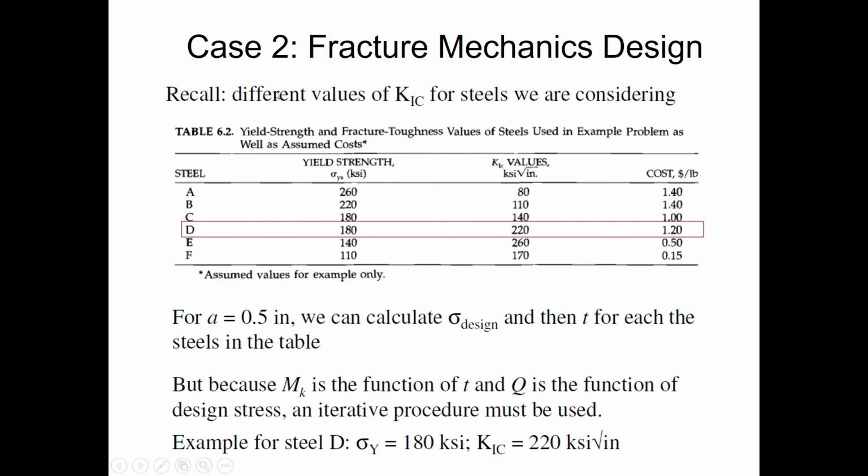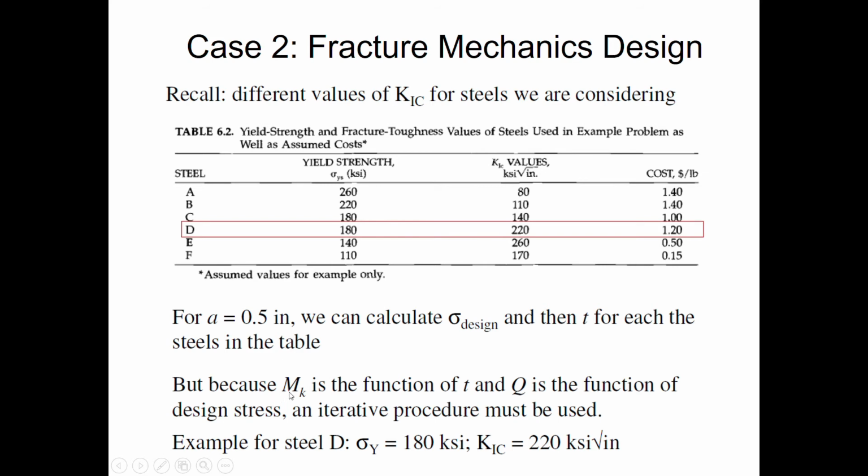Okay, recall different values of K1C for the steels we are considering, where this is the same table as 6.2. We have several types of steel with different values of yield strength and different values of K1C, also the cost. For A equal to 0.5 inch, we can calculate sigma design and then T for each of the steels in the table.